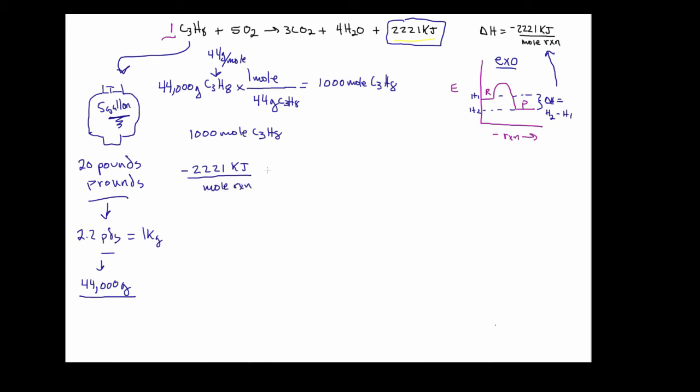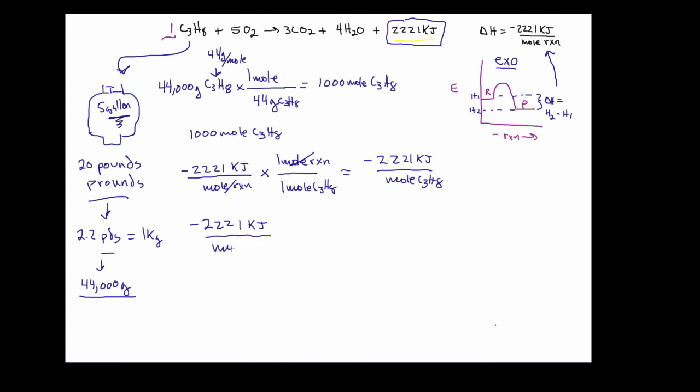In 1 mole of reaction, we burn 1 mole of C3H8, so we're going to release minus 2,221 kilojoules of energy per mole of C3H8. So we can take the energy released per mole of C3H8, propane.